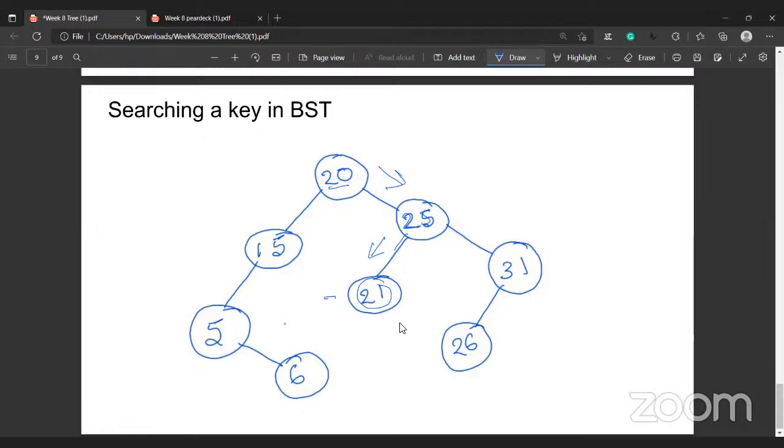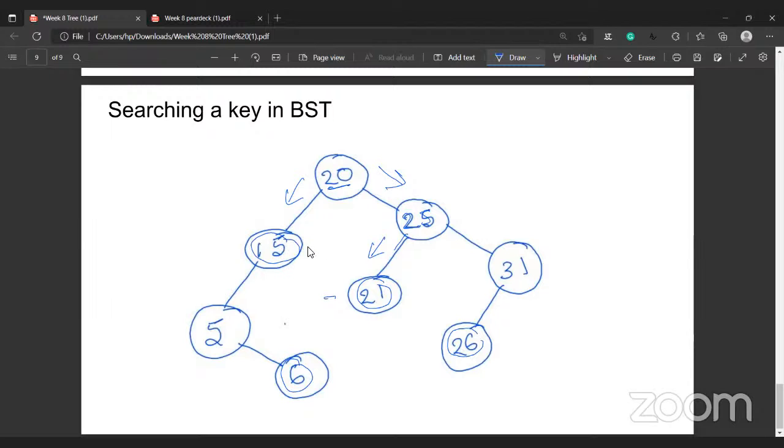Like this. Suppose you want to find 6, right? So it will check 6 equal to 20 or not. It is not equal. Then it will check whether it is less than or greater than. It is less. So it will go to the left subtree. Again we'll check 15 equal to 6 or not. 15 is not equal to 6.